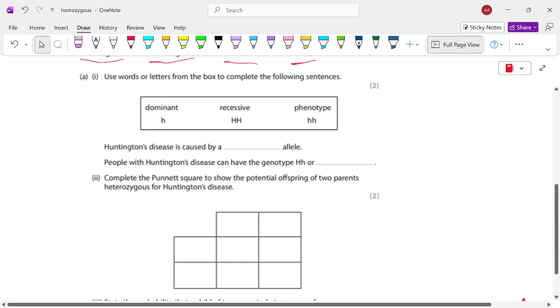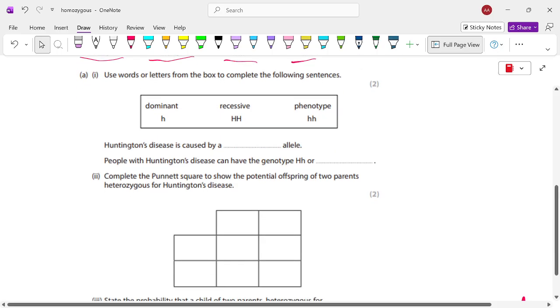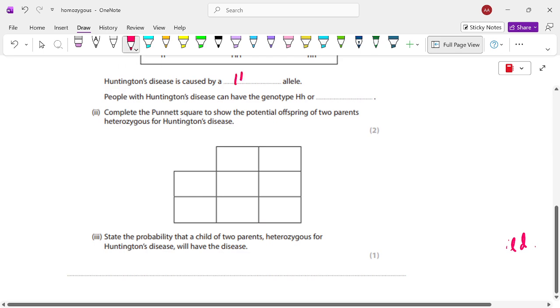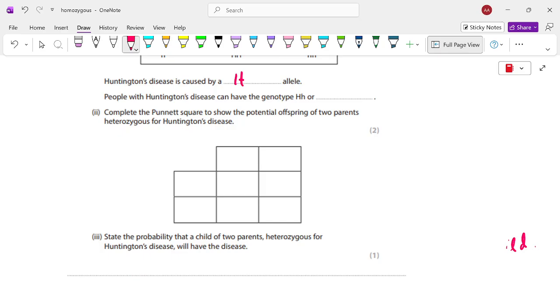So now we're gonna be solving this question. Huntington's disease is caused by capital H, as we just talked about. And the people with Huntington's disease can have the genotype capital H and small h, or both capital H. They can never have both small h because this will be a normal child.